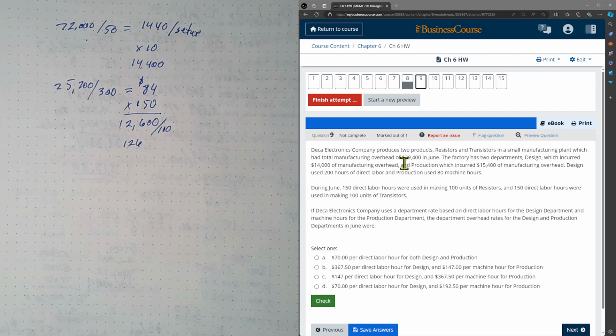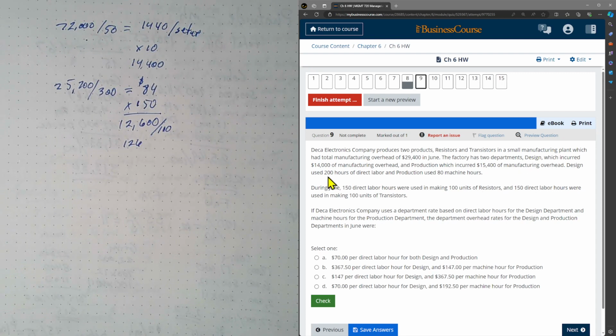it looks like it's the same one with slightly different numbers, right? And it's now asking, if it uses a department rate based on direct labor hours for the design department and machine hours for the production department, what are the department overhead rates for design and production? So here they want a rate for each of the departments, and each of the departments uses a different cost driver.